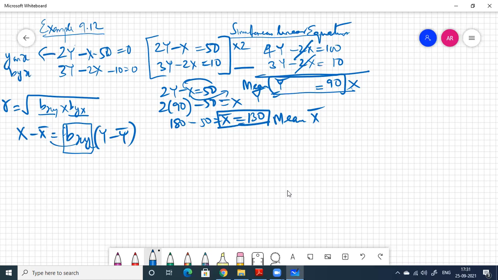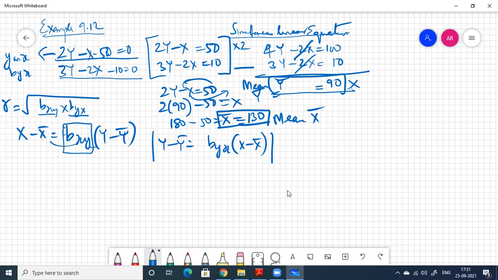Okay, so y minus y bar is equal to b of yx into x minus x bar. So these two equations you have to get. These two equations, how you will get? From the existing two equations, you have to rearrange them. So what you will try to do? x minus x bar equal to b of xy into y minus y bar.